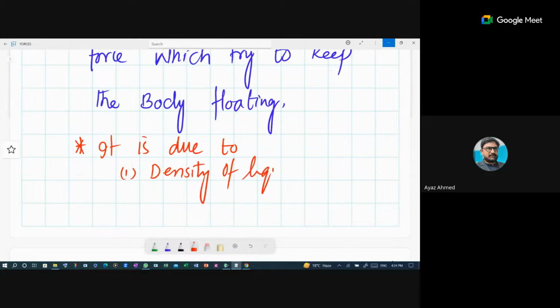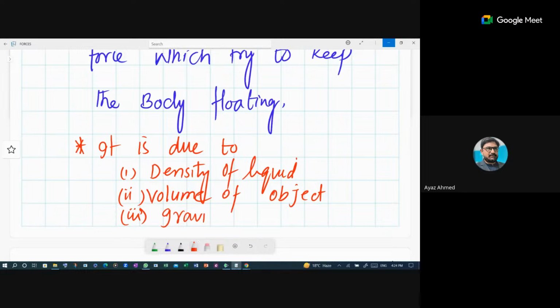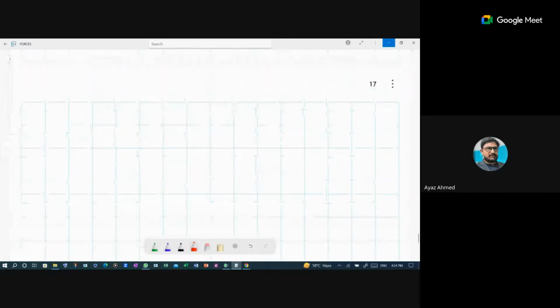Secondly, the volume of the object, that is, the volume of the object being immersed. These are two main factors. And third is basically gravitational pull. So these are three factors upon which this upthrust depends.